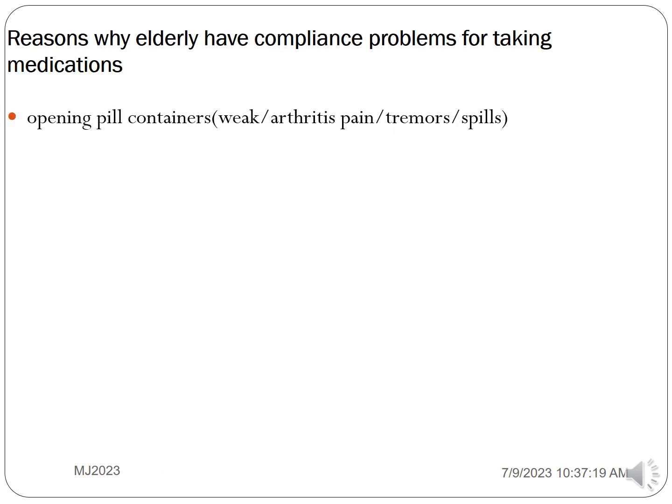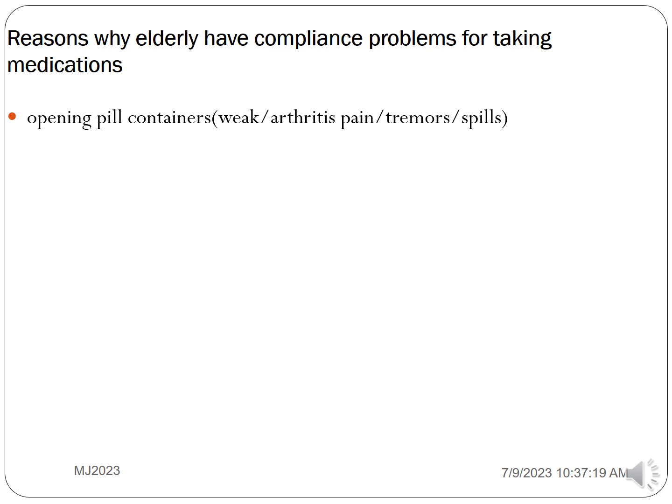So as a physiotherapist, there are a few reasons that could relate to our understanding of why older persons may have poor compliance in taking medications, so that we can have some interventions or advice on how to deal with these reasons.